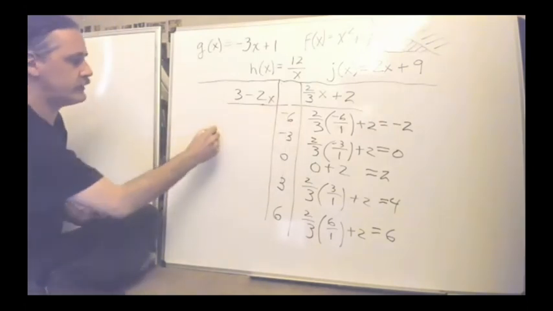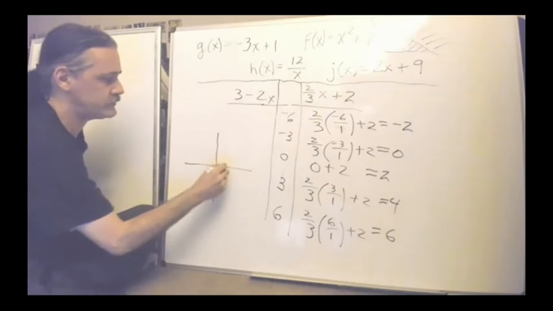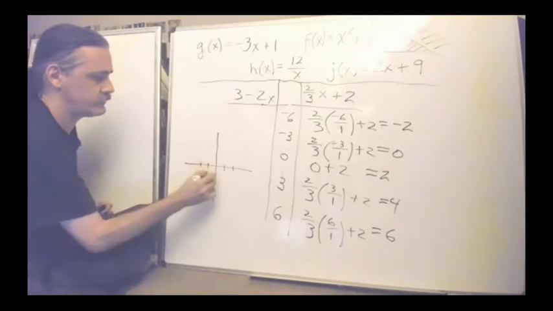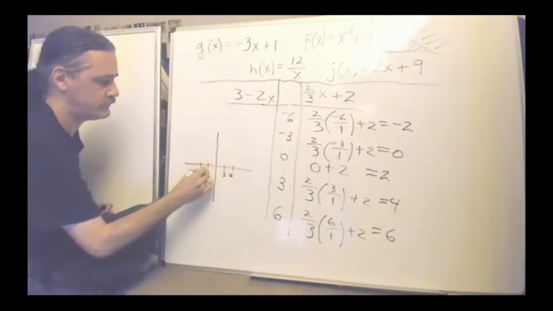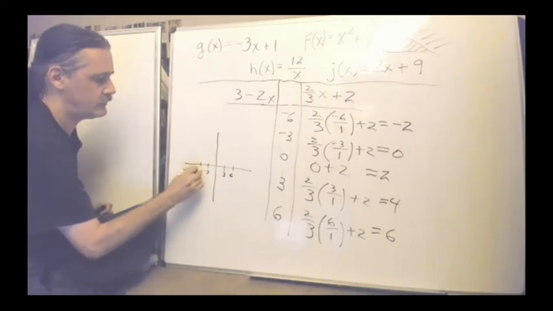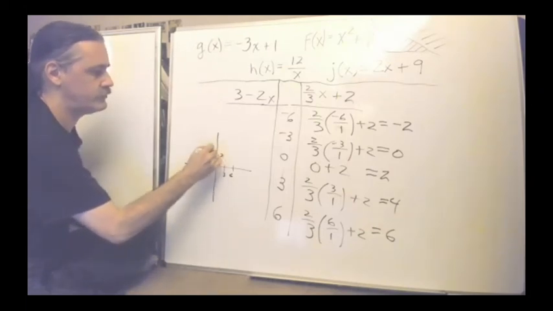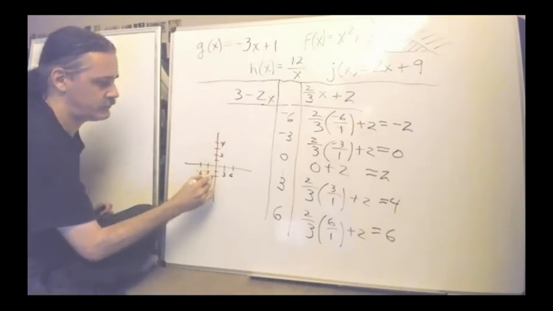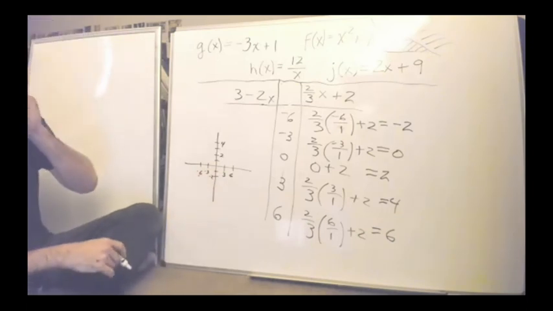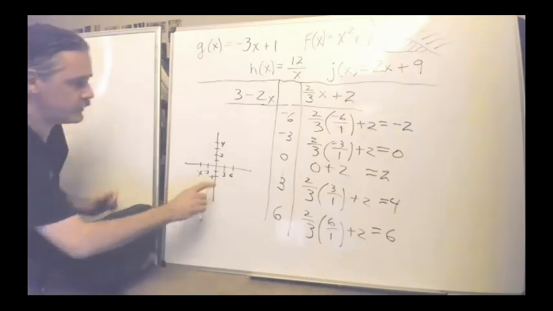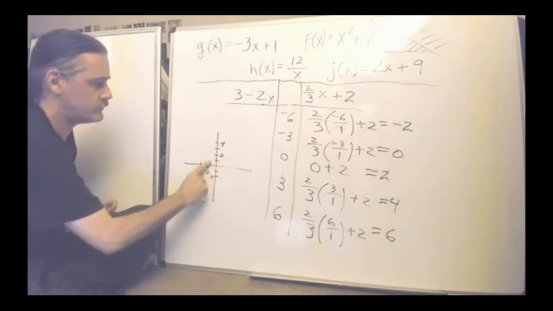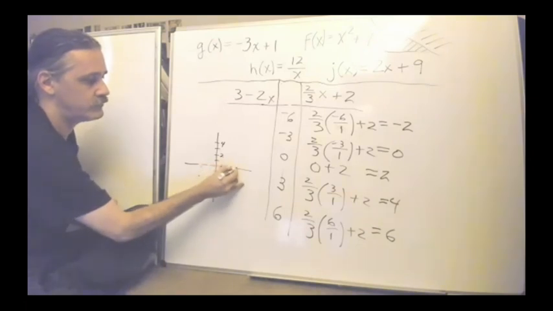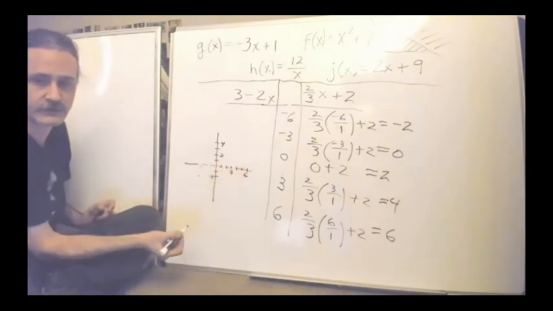Since we have what we have, we can just use multiples of 3. Maybe you want to spread this out a little bit: 3, 6, -3, -6, and then this would be 2, that would be 4, that would be -2. If you want to spread out the x a little bit, 1, 2, 3, 1, 2, 3, you could do that too.